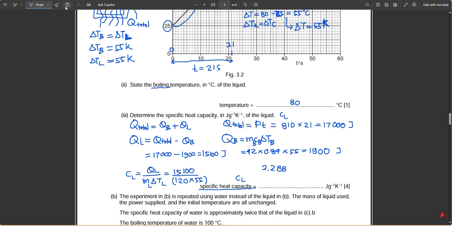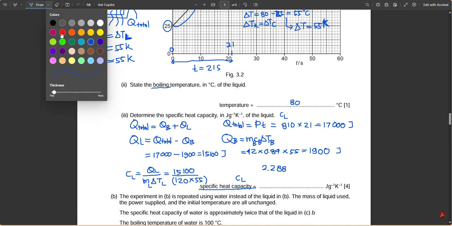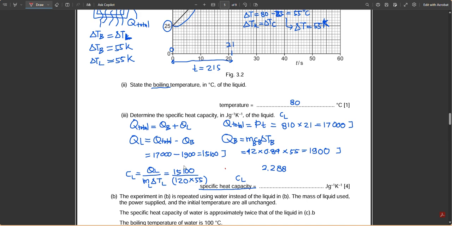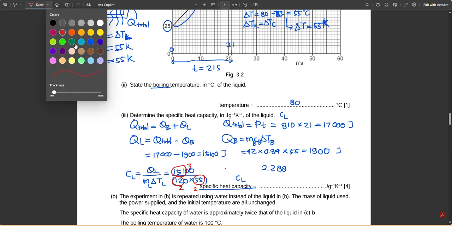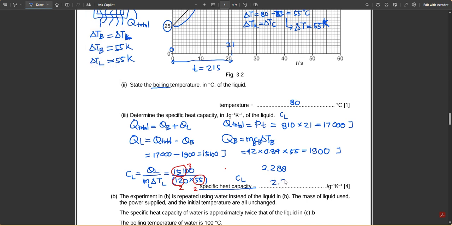Remember you have to apply the significant figure rule. I'm going to use a different color. This one, how many significant figures? 3. This one, 2. This one, 2. Since this is multiplication and division, you have to take the smallest number of significant figures, which is 2. So that means this becomes 2.3, which is correct. If you compare with the marking scheme, it's 2.3 joules per gram per Kelvin. So this is how you answer this question. Thank you.